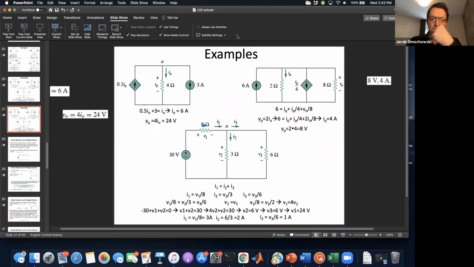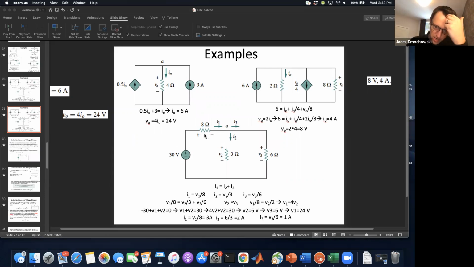So V1 over 8 is equal to I1. Do you understand that? This is just if you apply Ohm's law to this resistor, you get that. Do you understand that V2 over 3 is equal to I2? Good. And then V3 over 6 is equal to I3.